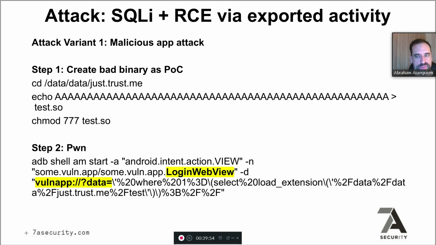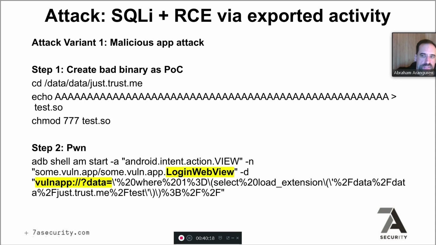So what can we do with this? We can first create a bad binary as a proof of concept. So we can go, for example, to data, just trust me, so just a random application on the phone. And then you just echo a lot of A's and save it to a file called test.so. This is important because it's a library that we will use to prove the code execution.